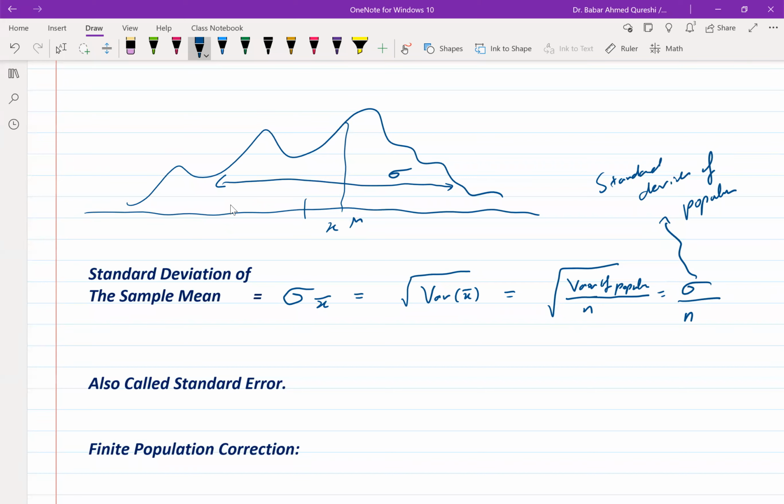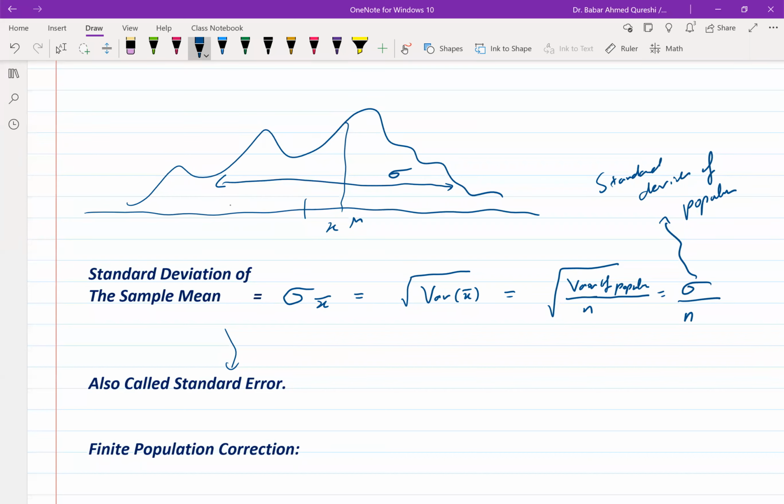And this thing, the standard deviation of the sample mean, is also given another name. It's also called standard error. So what's the logic of this name? This name is actually quite revealing. It says that you pick up a sample and you want to estimate something about the population. And in this case, you are trying to estimate the mean of the population.